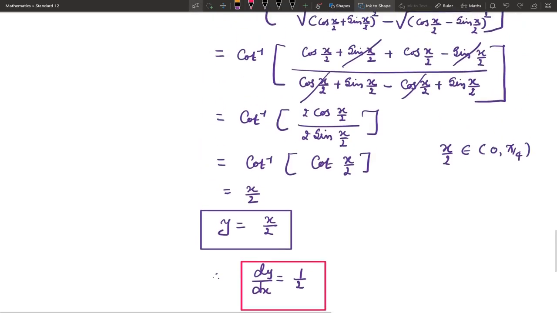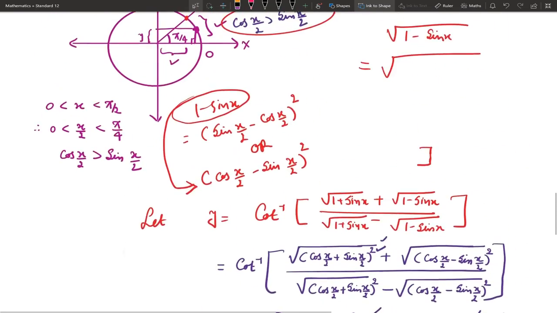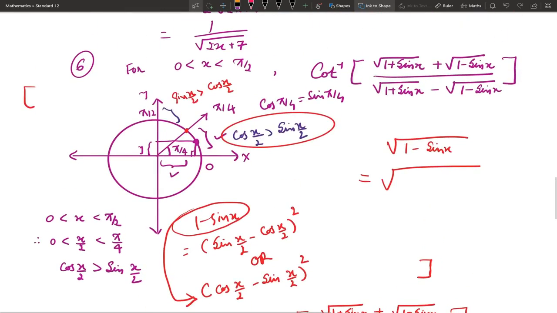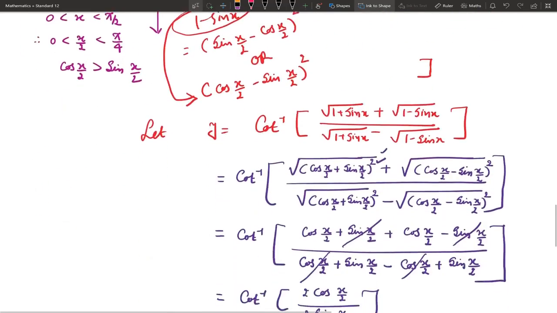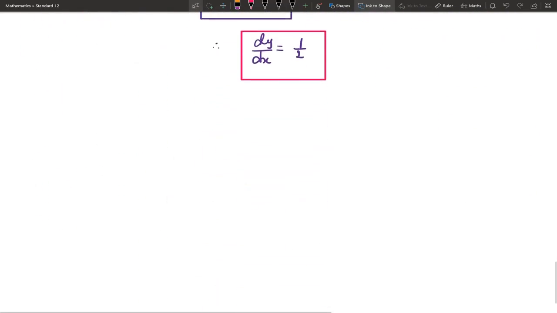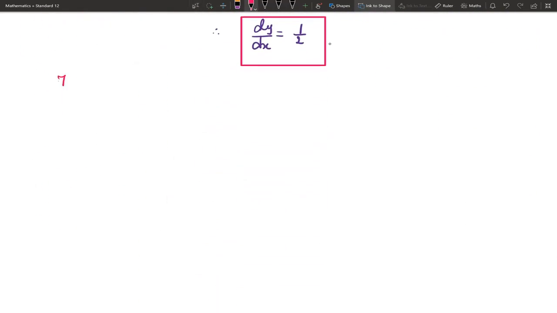Next one. Differentiate with respect to x, log x raised to log x.